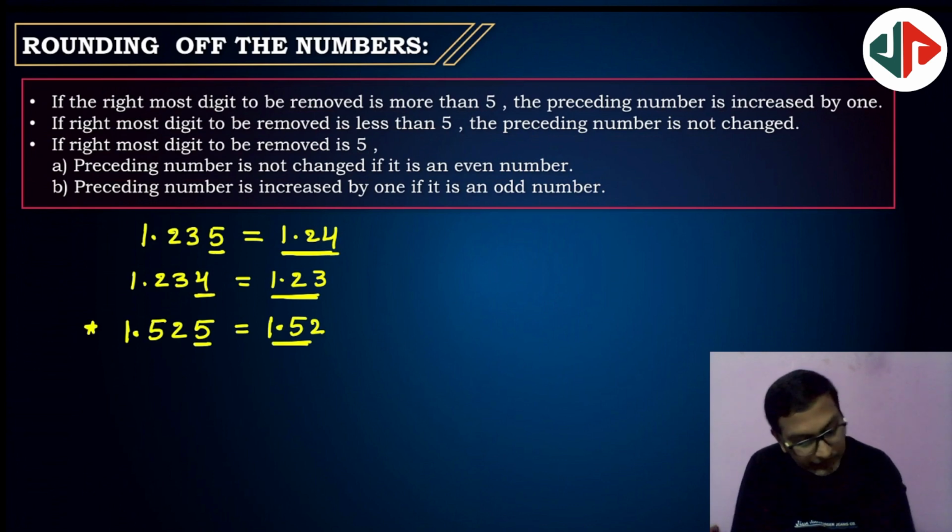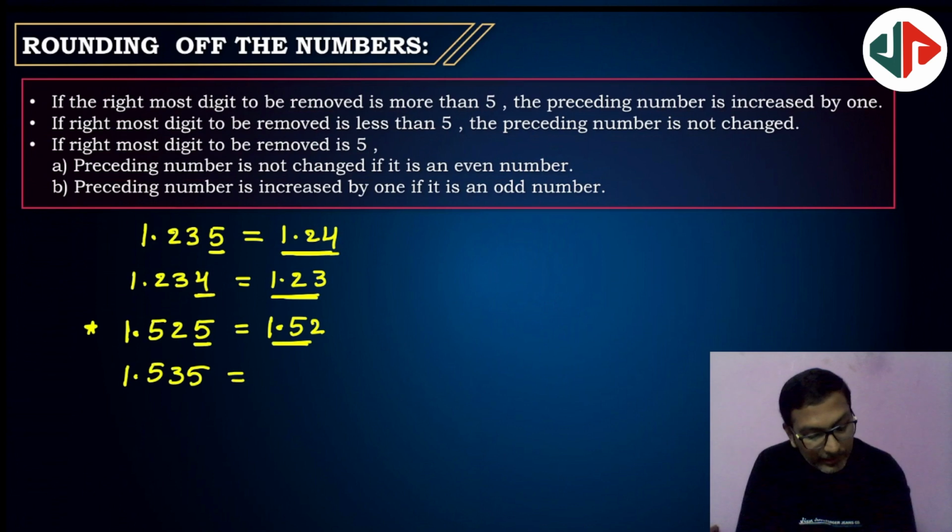Next, if rightmost digit to be removed is 5, and preceding number is increased by 1 if it is odd number. Suppose 1.535. See here, which is to be removed is 5 and the preceding number is 3 which is odd, therefore increase by 1. That means 1.54.